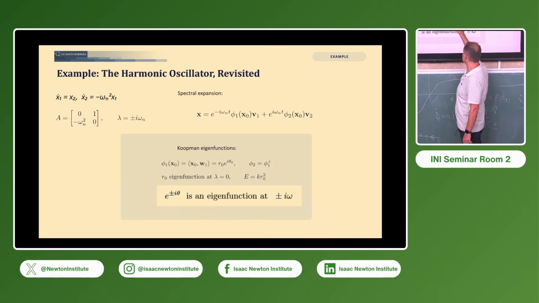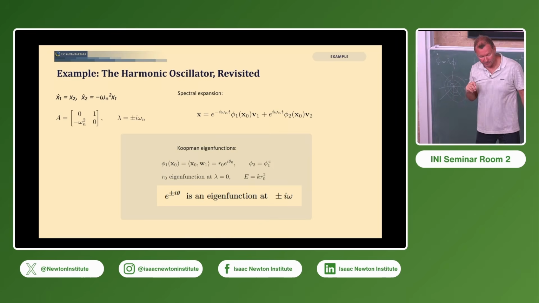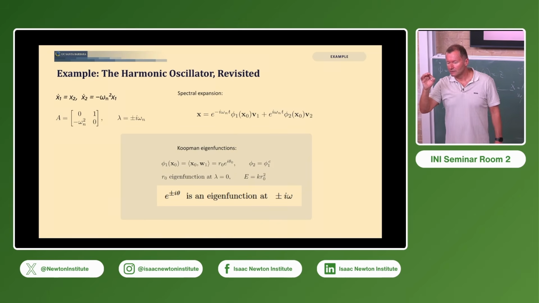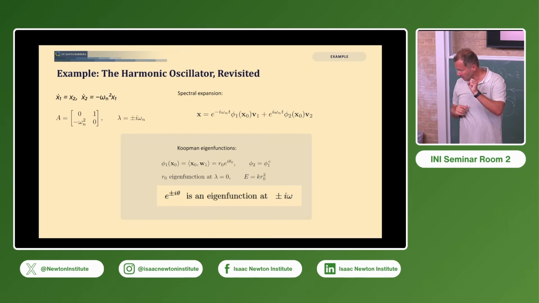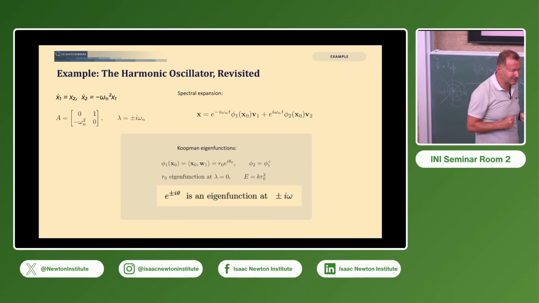So energy is k r0 squared over 2, there's a 2 missing. One of these objects is a constant times energy. The other is the complex phase, e to the i theta. Remember, products of eigenfunctions are eigenfunctions. So r times e to the i theta is the eigenfunction that comes out.